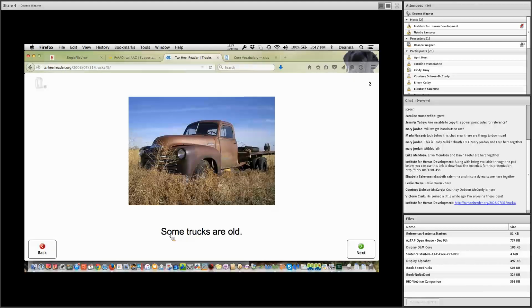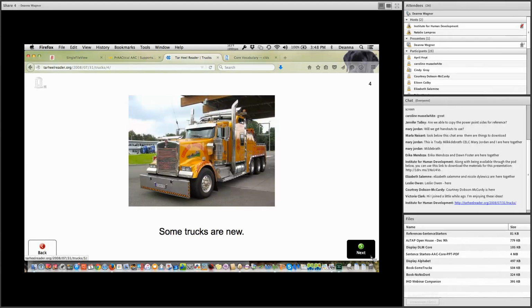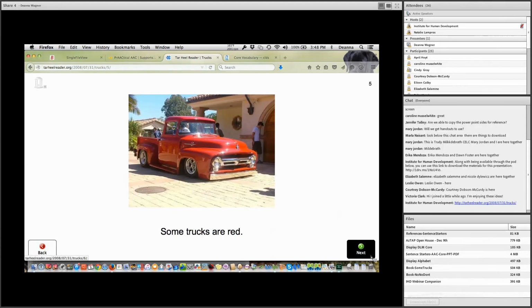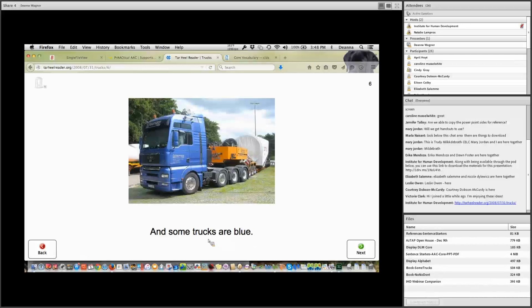So from our high frequency words, our core words, the some and are would be our frame, and then trucks would be a category word that we'd be looking up. Sometimes what we do when we're looking at a category is that we use the name of the category, such as vehicles, and then the initial letter, and brainstorm what would be the word that goes here under the category of vehicles to try to figure out what that word is.